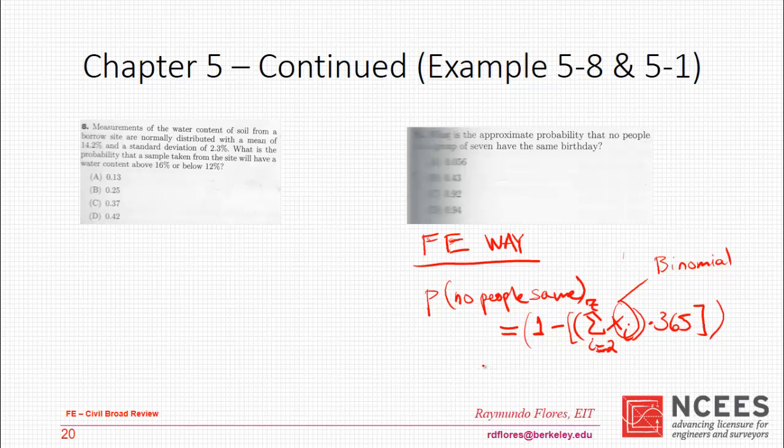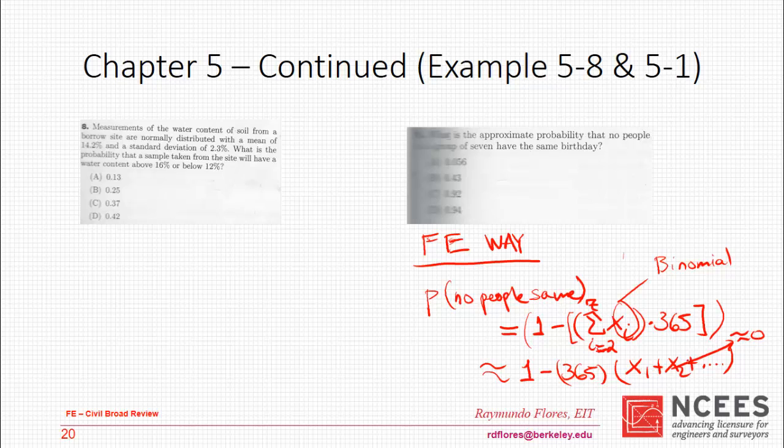So what you could say is that this is approximately 1 minus 365 times x1 plus x2 plus ... right? And basically what you're going to say is well, this is about 0. Why?